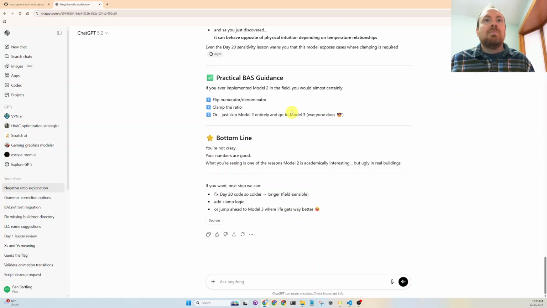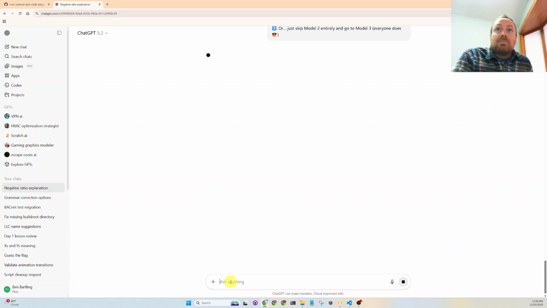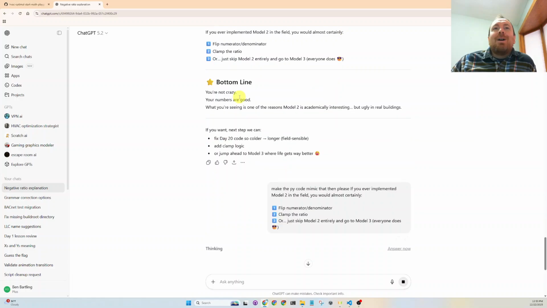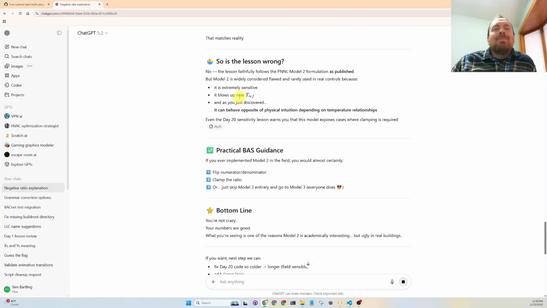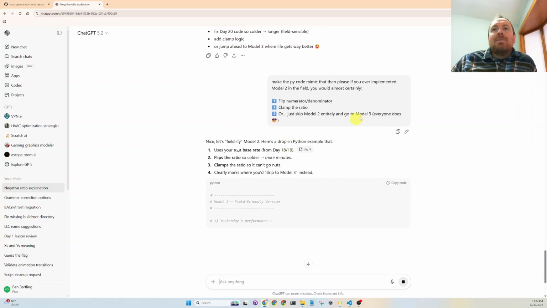Okay. Make my code do that then. Make my code mimic that, then, please. Or just skip Model 2 entirely and go to Model 3. But the problem that we have is that Model 3, the paper defines that as the kind of award-winning model.